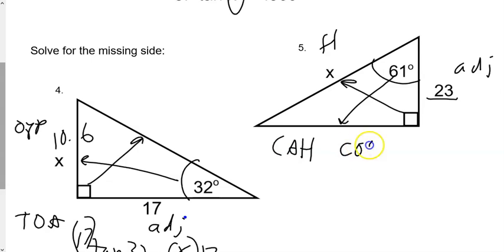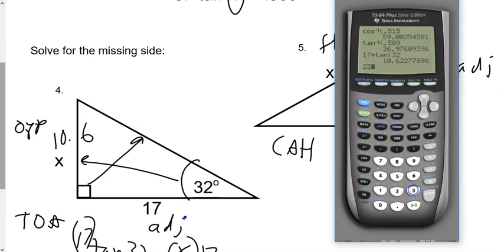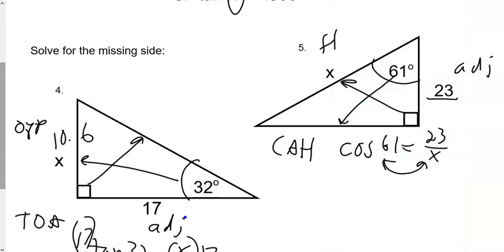So we do cosine of our angle equals adjacent, 23, over our unknown. What do we do here? We switch them. The x is on the bottom. So 23 divided by cosine of 61. About 47.4.